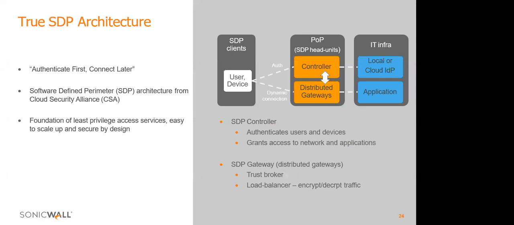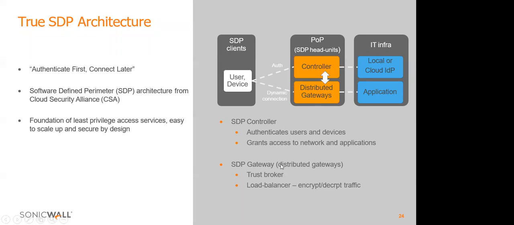Differentiator. This is the architecture for the software defined perimeter from the Cloud Security Alliance. If you see here, this is the user using the device. That's why I say it will authenticate the user and the device. The controller will authenticate it and then grant you access to the network or the application.